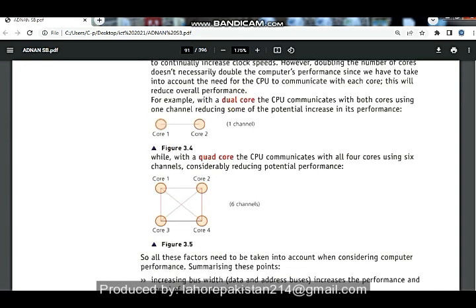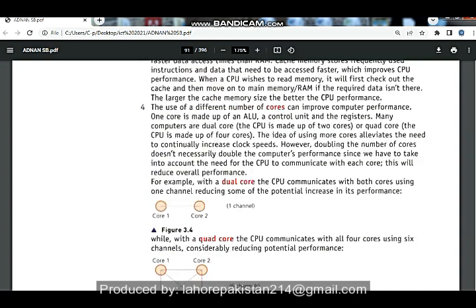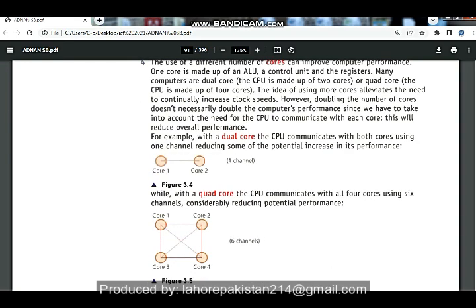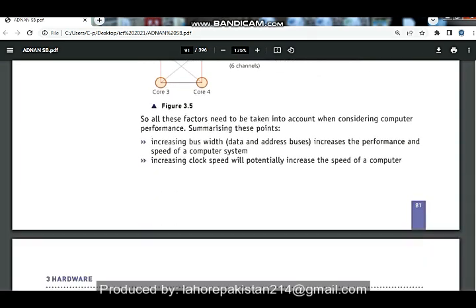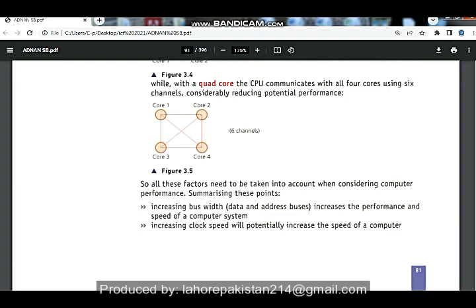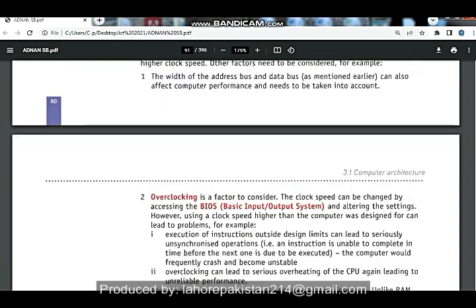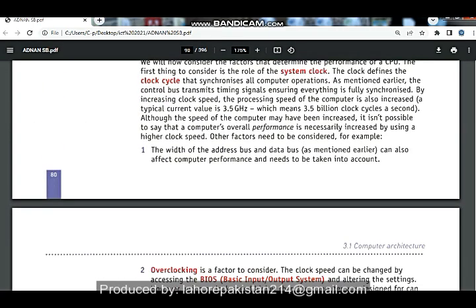It means the parts that can work independently. If you use two cores, the performance of the CPU will become double. If you use four cores, four parts, then the performance of the CPU will increase 4 times.